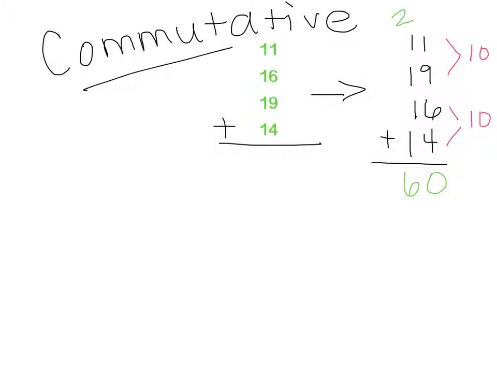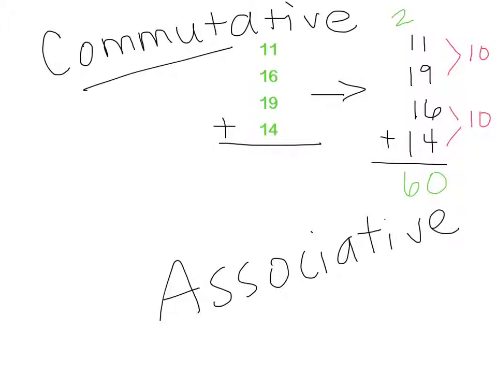Then I came over here and I used my associative property, okay, because my associative property says that I can group them in different ways and still get the same sum. So I used my commutative property and put them in a different order, and then I used my associative property and I grouped my add-ins to help make my addition easier.